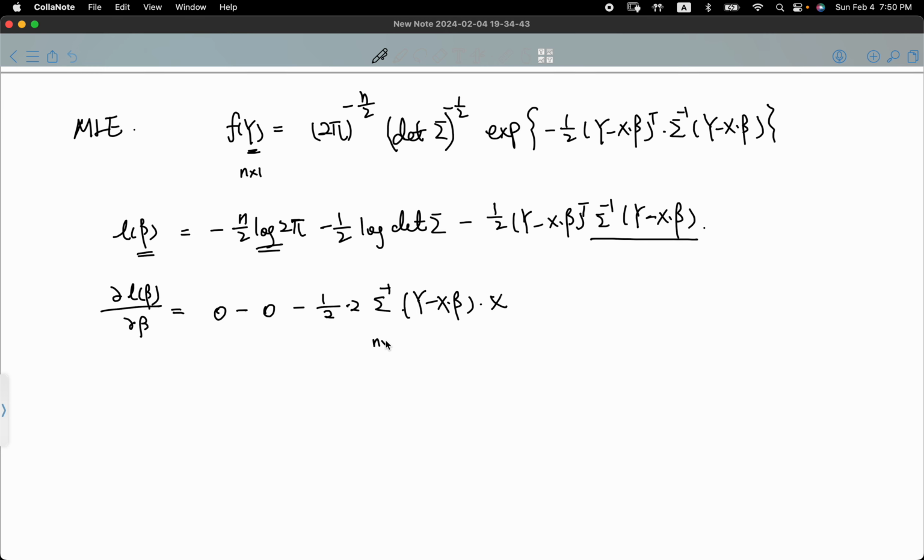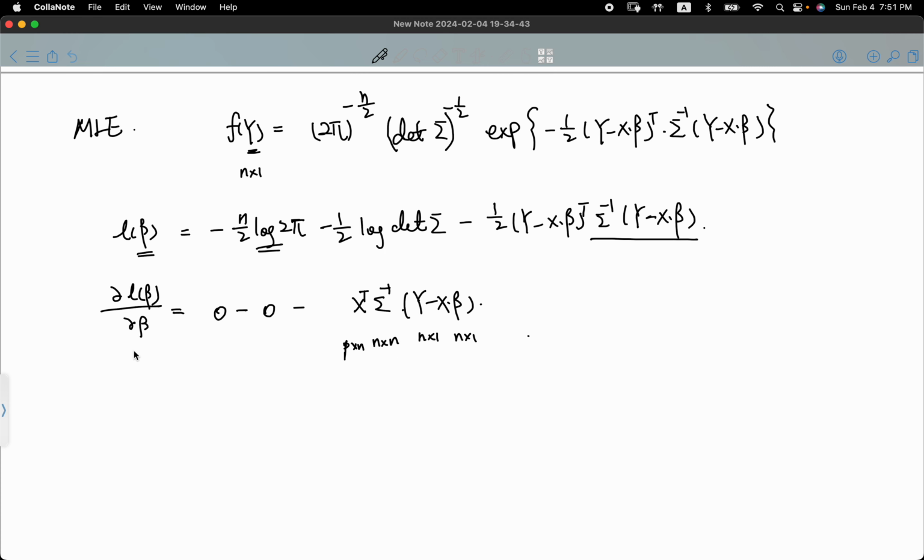To match the dimension, X is n by p, so write this as X transpose: p by n, n by n, n by 1.